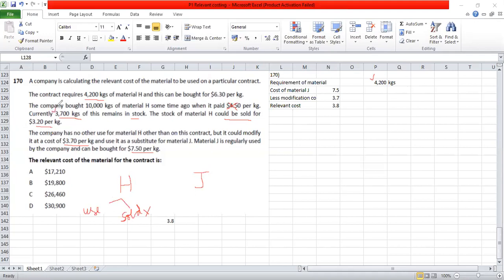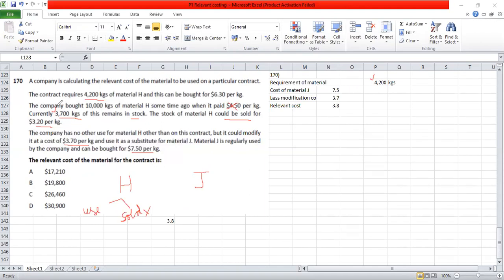So the relevant cost for 3,700 has to be considered. And what about the remaining part, 4,200 minus 3,700, the remaining quantity of material? What will they do? That is the option we are looking at. The consideration part of it goes accordingly.